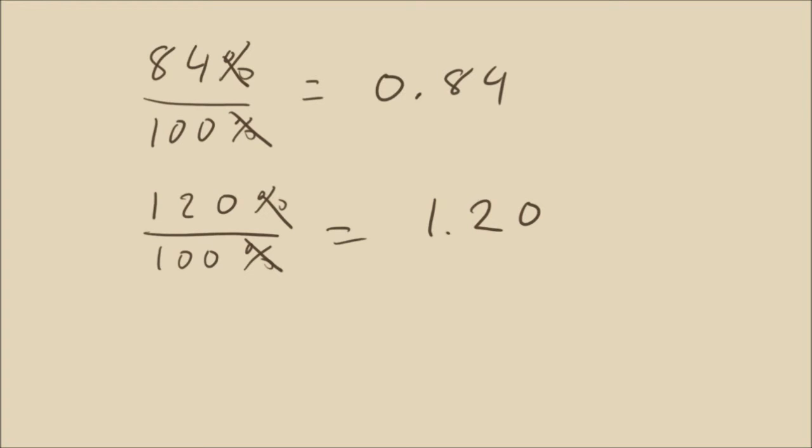You'll also have times where you have to go the other way. So you're asked to give an answer in a percent. Let's say that you had a final answer of 0.07. Well, if I multiply that by 100%, my answer will be 7%.